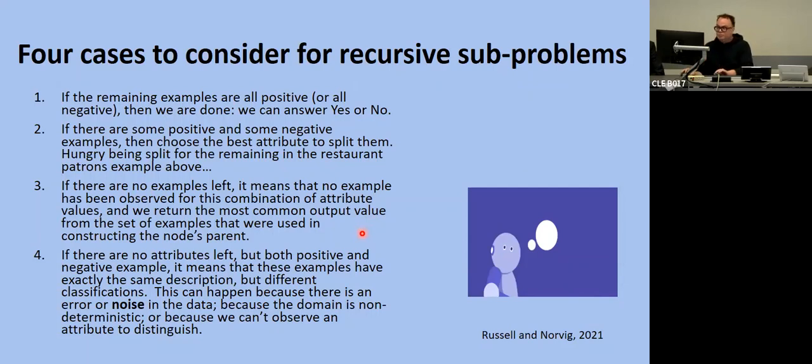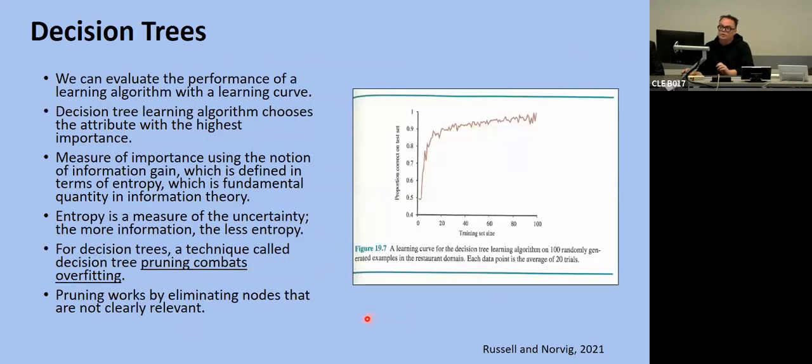So there might be a somewhat complete tree, but maybe not quite as we wanted. If there are no attributes left, but both positive and negative examples, it means that these examples have exactly the same description but different classifications. Maybe there are some issues with the data quality. We might not be able to have that tree quite yet. We can evaluate the performance of these trees in a number of different ways. I showed this earlier with training size versus the correct test.